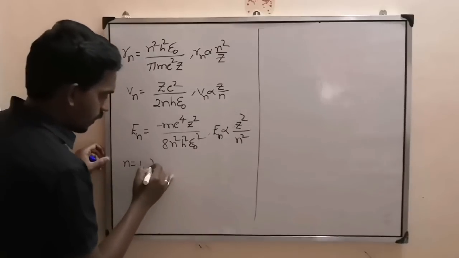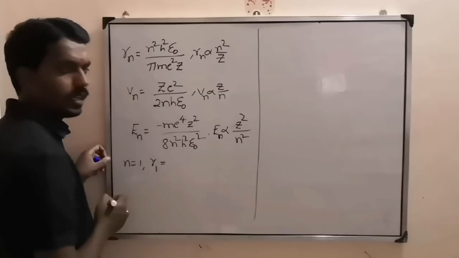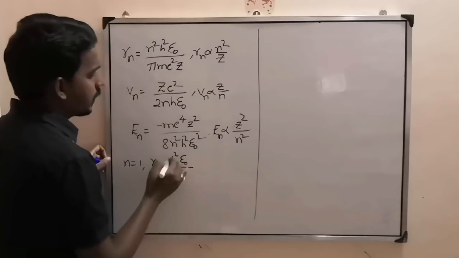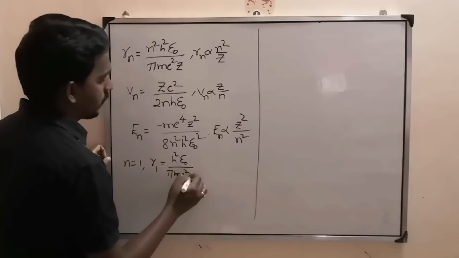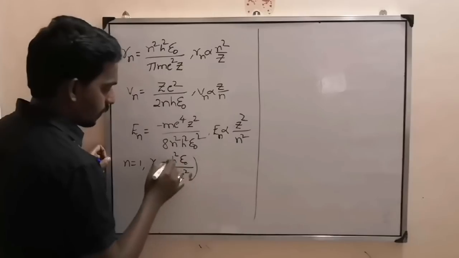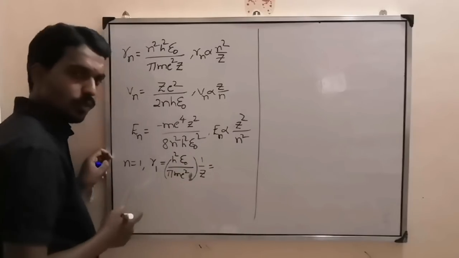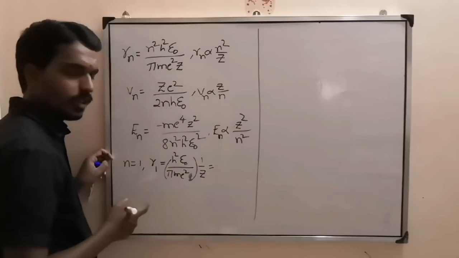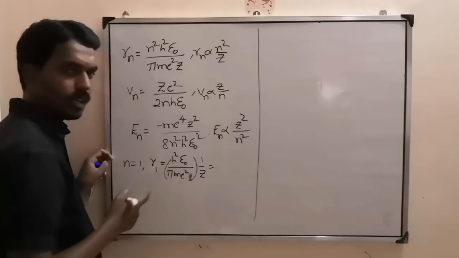Then R1, or you can take R0, is h square epsilon naught by pi m e square times 1 by Z. Here you know the h value, the epsilon naught value, the pi value, the mass of the electron, and the charge of the electron.